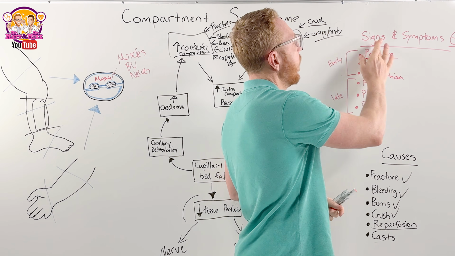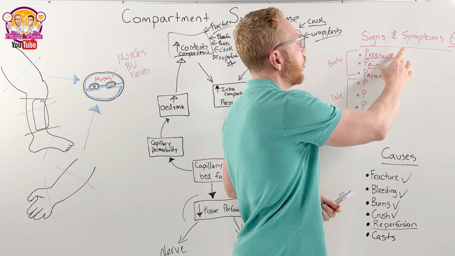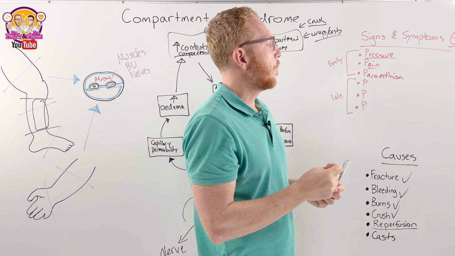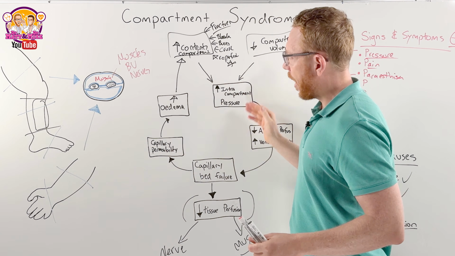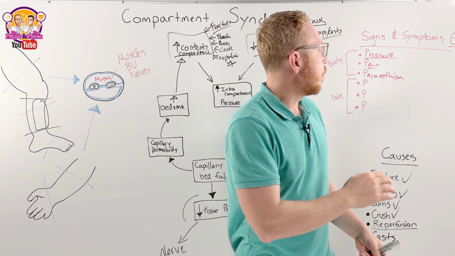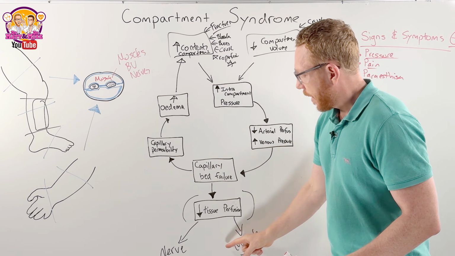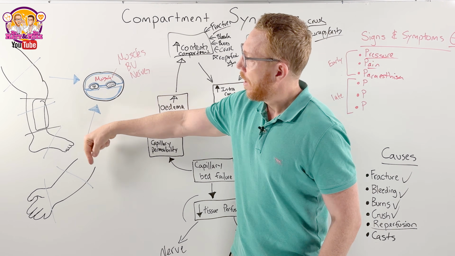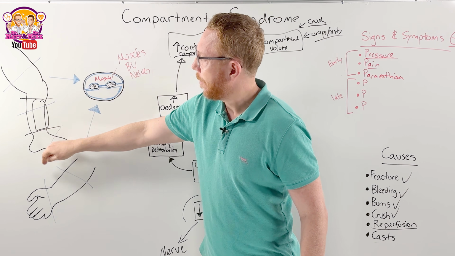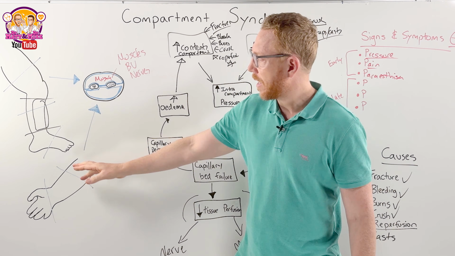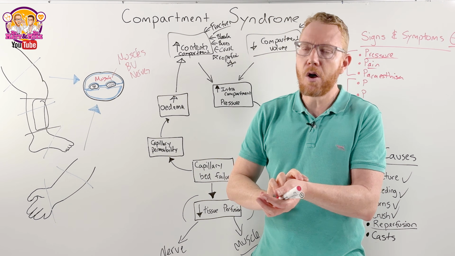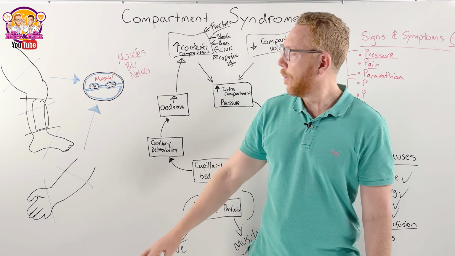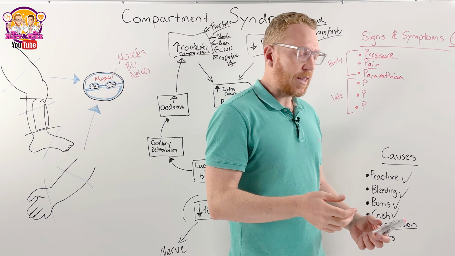So these are more early signs of compartment syndrome: pressure in the area, pain, worse on passive stretching, and paresthesia, pins and needles. As this cycling gets worse and worse, we're going to start to see the more later signs. So this is again due to the tissue perfusion, the pressure that's in the compartment. So the blood vessel that's trying to go through the compartment to feed the distal region, like the foot or the hand, if you were to take the pulse, like the radial pulse, the dorsalis pedis pulse, or the posterior tibial pulse, you would start to see a diminished pulse.